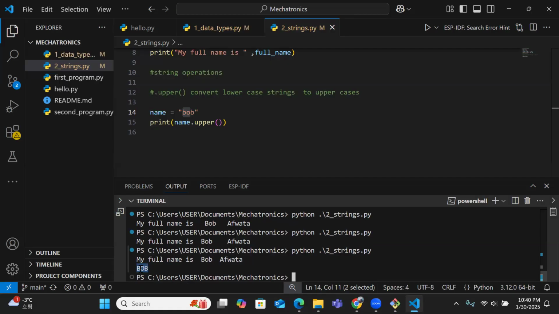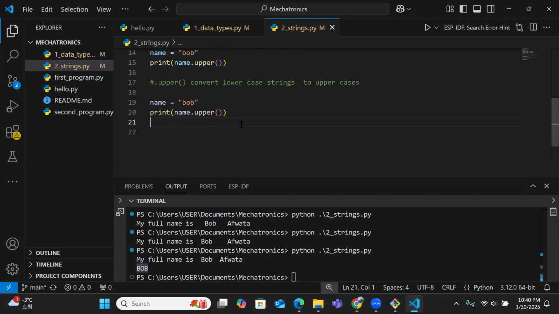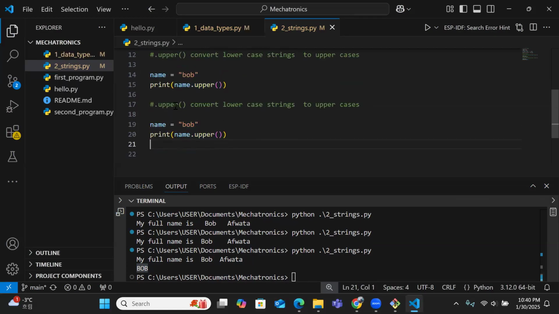Yes. So similarly, what's the opposite of upper? Lower. So similarly, lower will convert uppercase to lowercase.